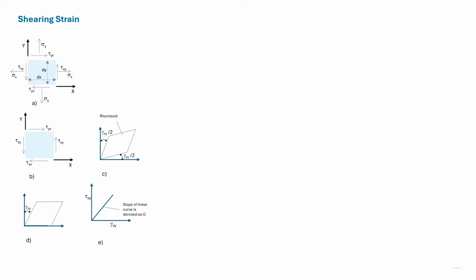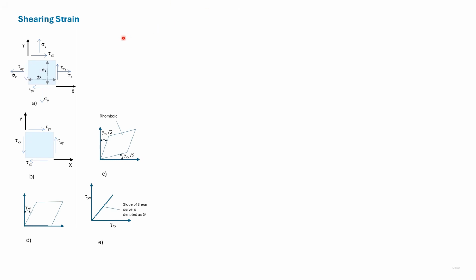Here we have considered rectangular elements. We have earlier discussed that if tau xy acts on this face upwards, then from equilibrium of forces, tau xy on the opposite face will act in the opposite direction.